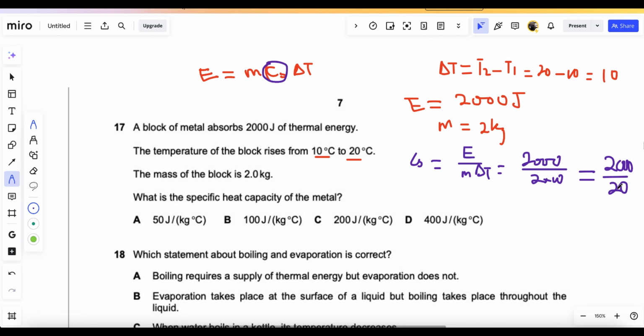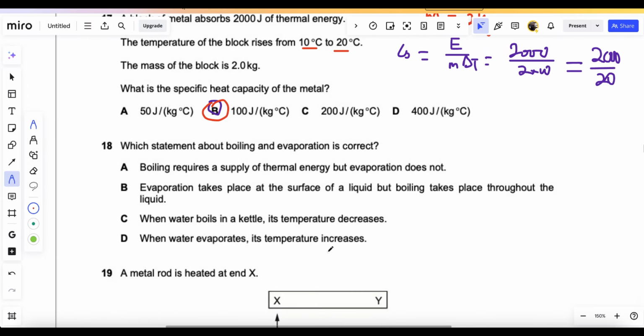So we look for option B. Our answer here is B. The unit will be joule per kilogram per degree Celsius. Okay, we go to question 18. Quickly.